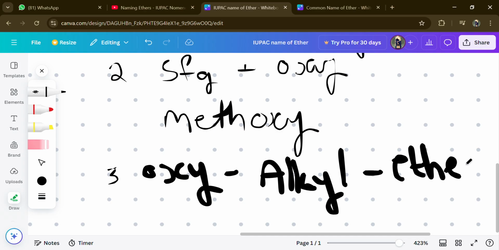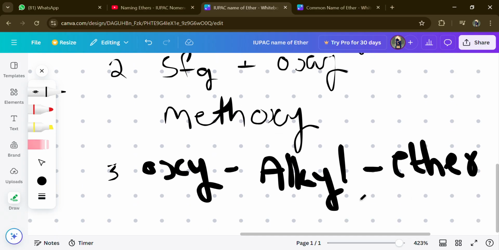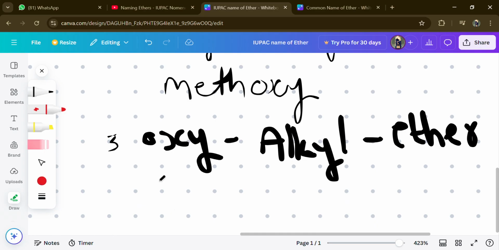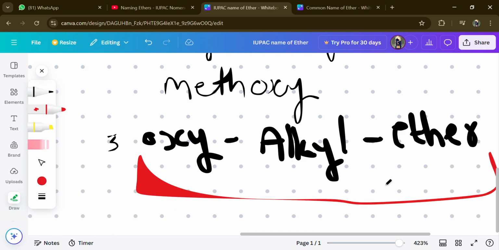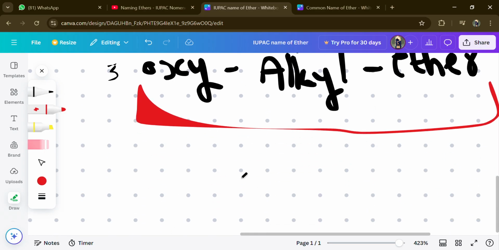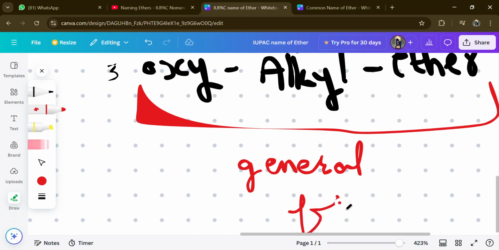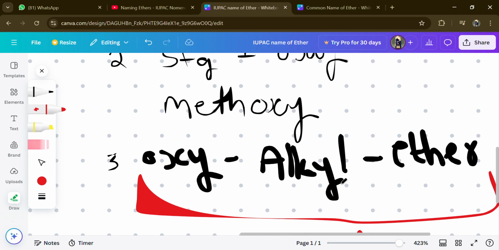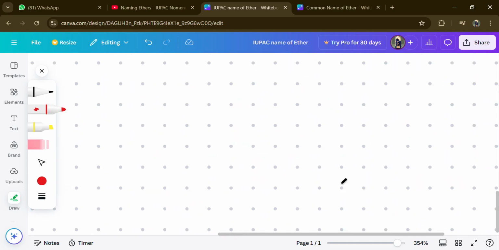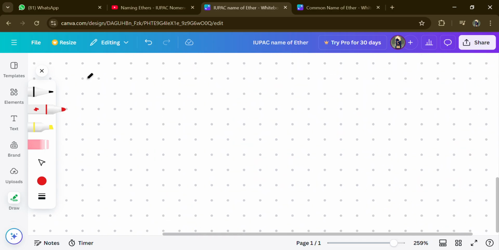You can take it as the general formula or general term for ether nomenclature. Okay, now let's start practicing how it actually works.